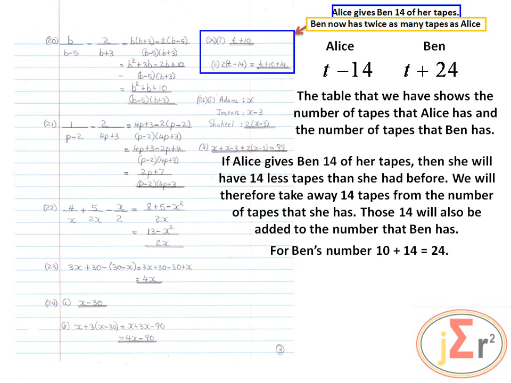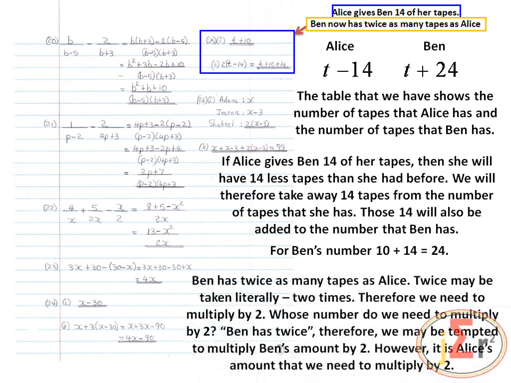Ben now has twice as many tapes as Alice. So what do we do? Ben has twice, so because Ben has twice, we will multiply Ben's number by 2. No, we will not do that. Ben has twice as many tapes as Alice. Twice may be taken literally, 2 times.